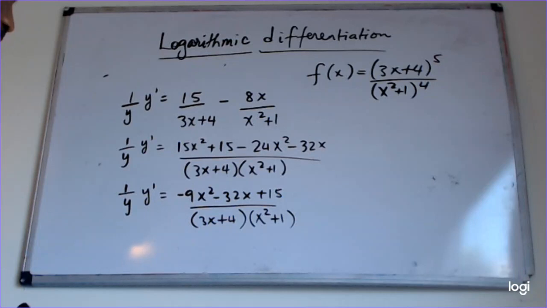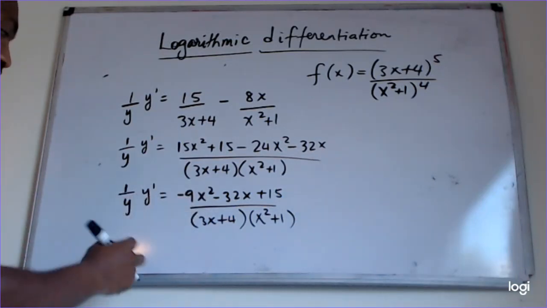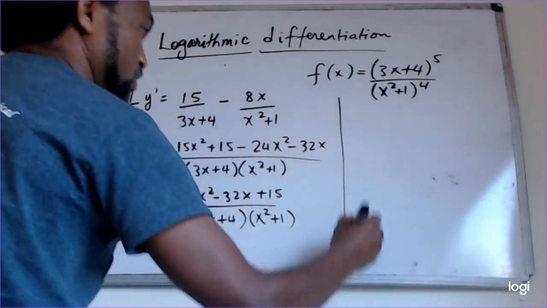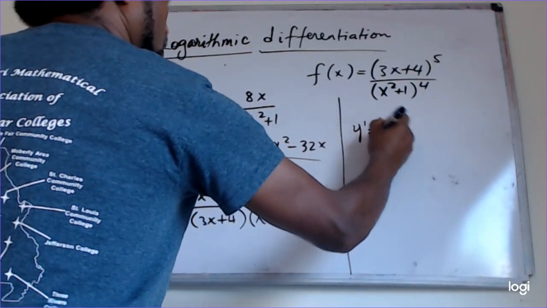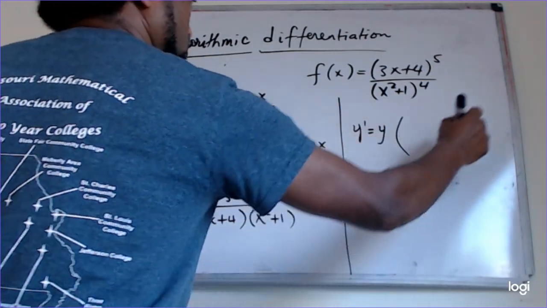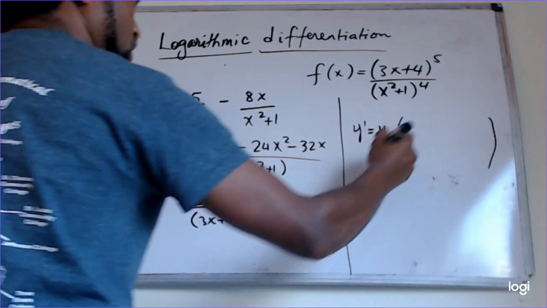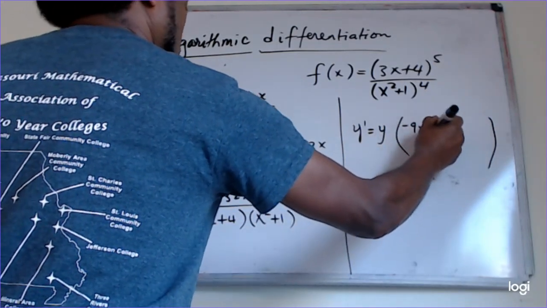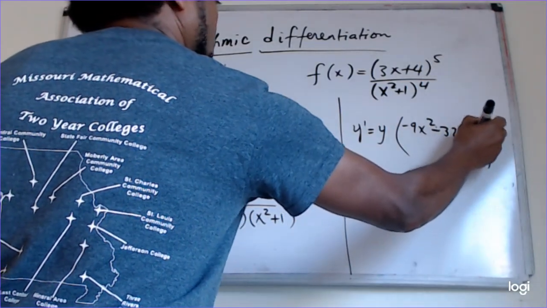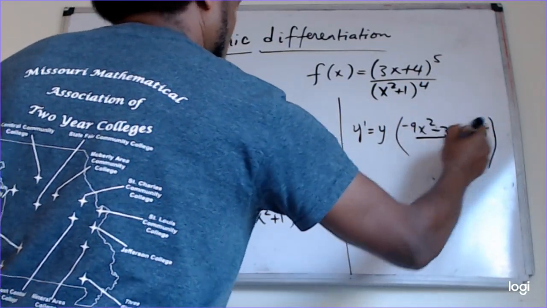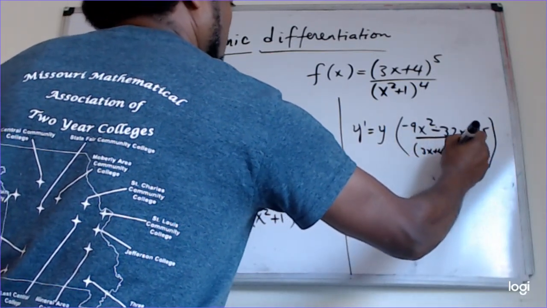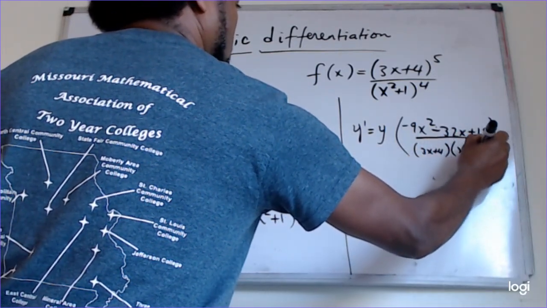Okay, so if I multiply both sides by y, that's solving for y prime basically. So y prime equals y times this whole expression, negative 9x squared minus 32x plus 15 over (3x plus 4) times (x squared plus 1).